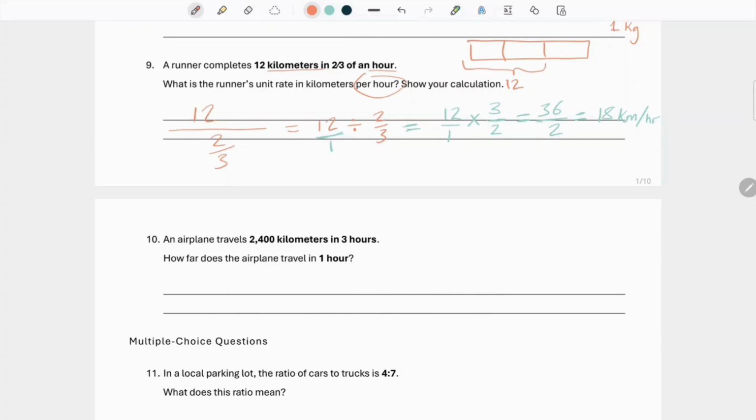Now, if 2/3 is 12, that means 1/3 is going to be 6. And if that's 6, this would be 6, this would be 6. So how many kilometers do we have in an hour? 6 plus 6 plus 6 is 18. So here we end up with 18. That's another way we could do it as well.